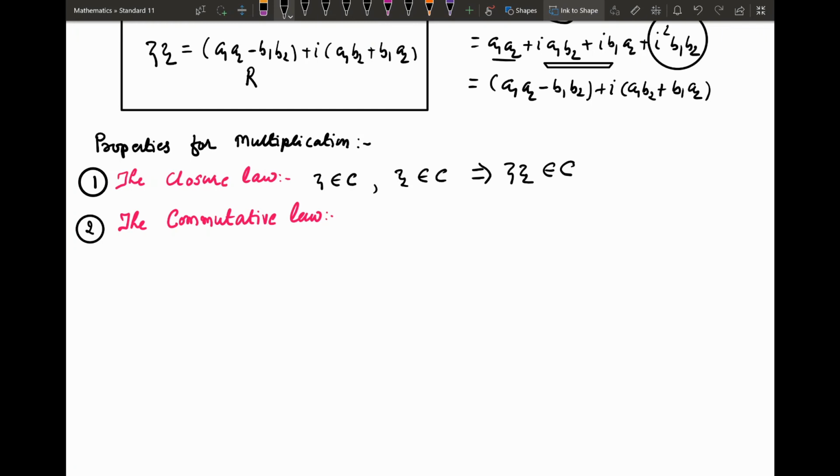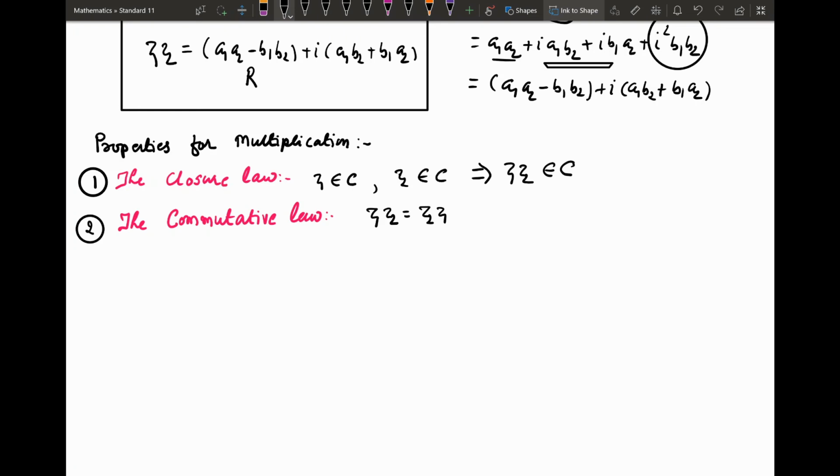That was the commutative law for addition. Similarly, here, commutative law for multiplication: Z1 into Z2 is the same as Z2 into Z1. So this law is known as the commutative law for multiplication.